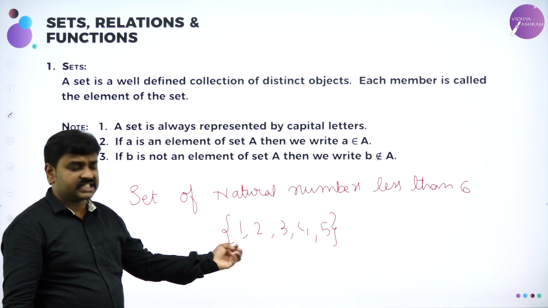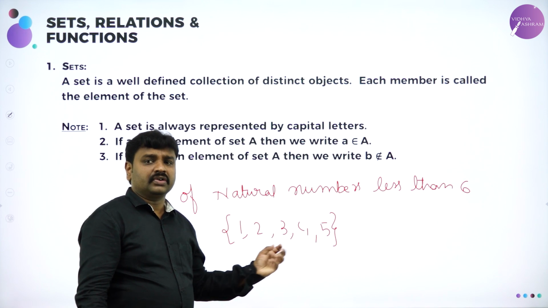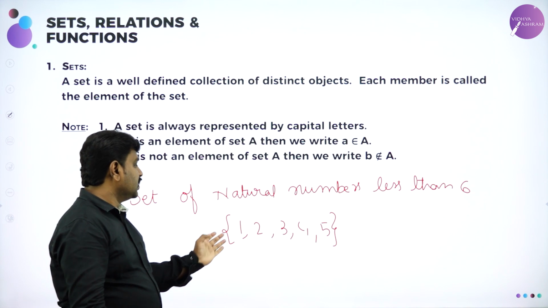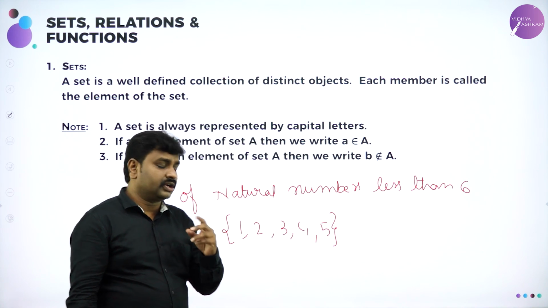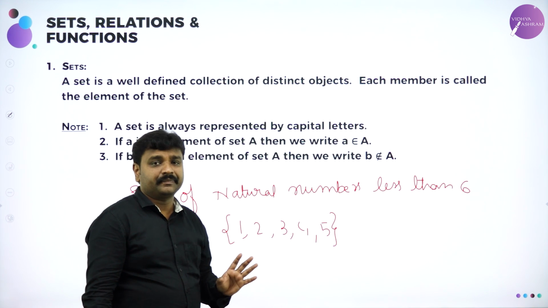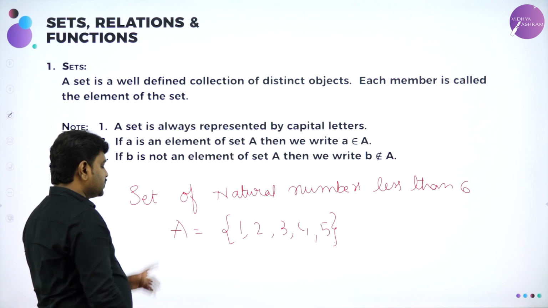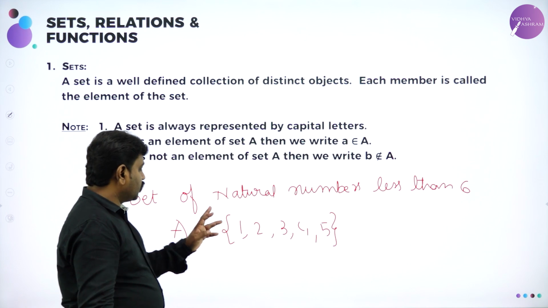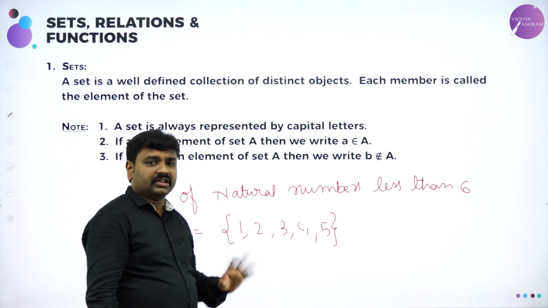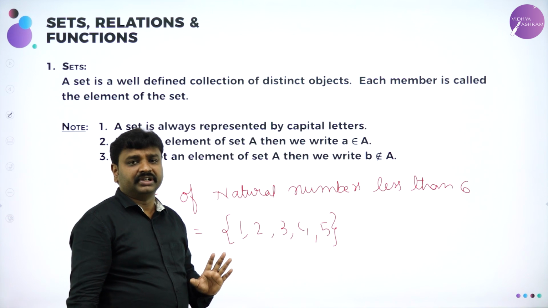So I wrote a set. It's a collection of what? Well-defined and distinct objects. Here all the objects are different. No element is repeated. And always we represent a set using a capital letter. Set A is equal to 1, 2, 3, 4, 5. This is a collection of well-defined objects.